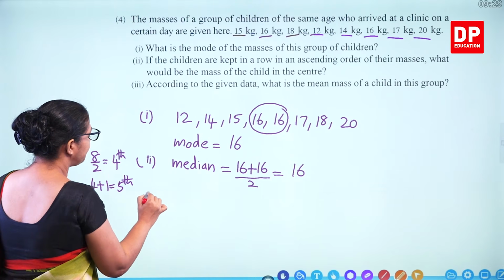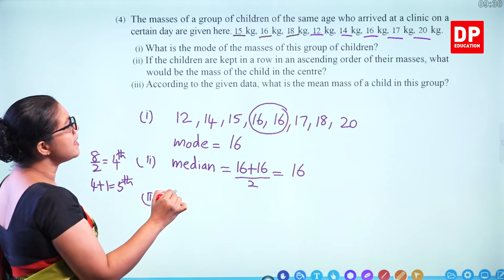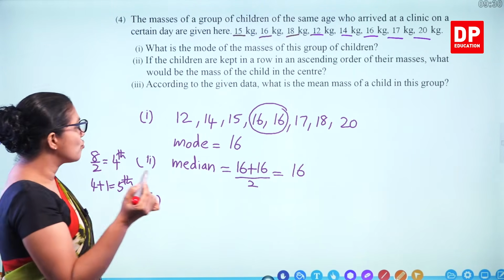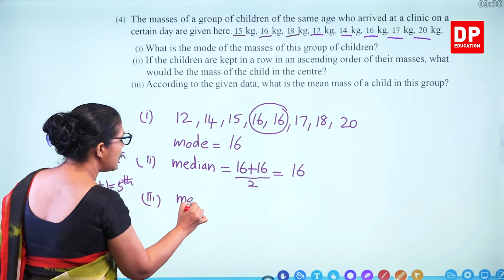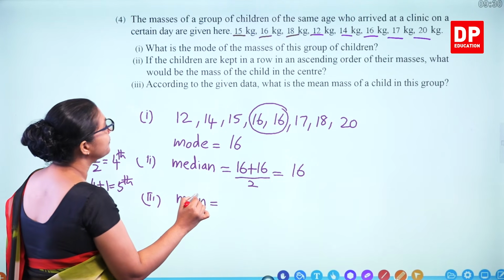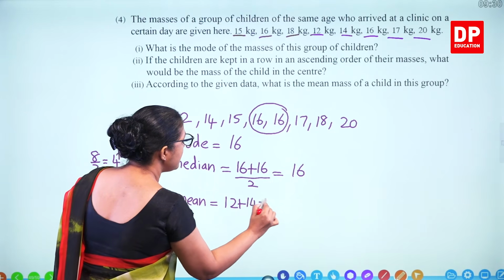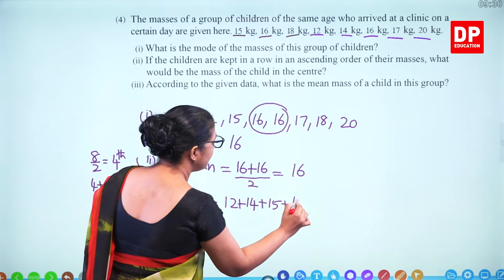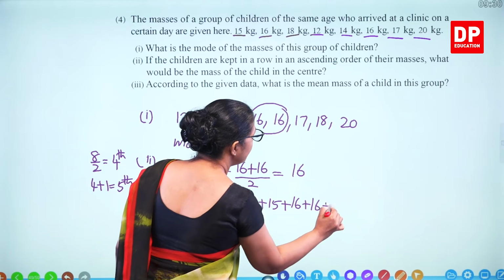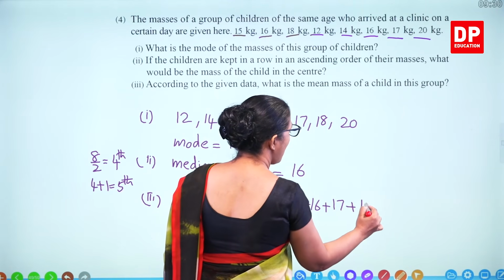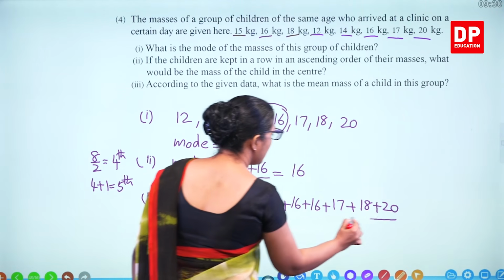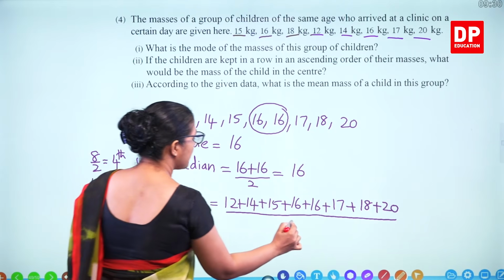Third one. According to the given data, what is the mean mass? So mean mass, how can we find out? Take the total. Add everything and divide by 8.